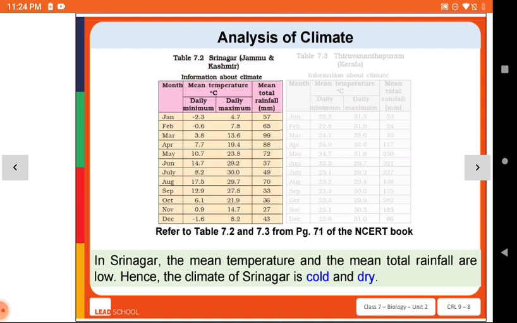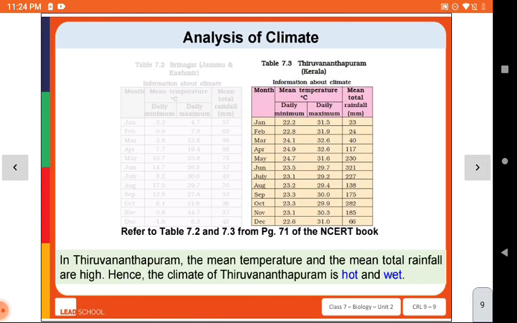In Srinagar, the minimum temperature and mean total rainfall are low, hence the climate of Srinagar is cold. In the same example, in Tripura, the temperature is higher and mean rainfall is higher. The climate of Tripura is hot and wet.